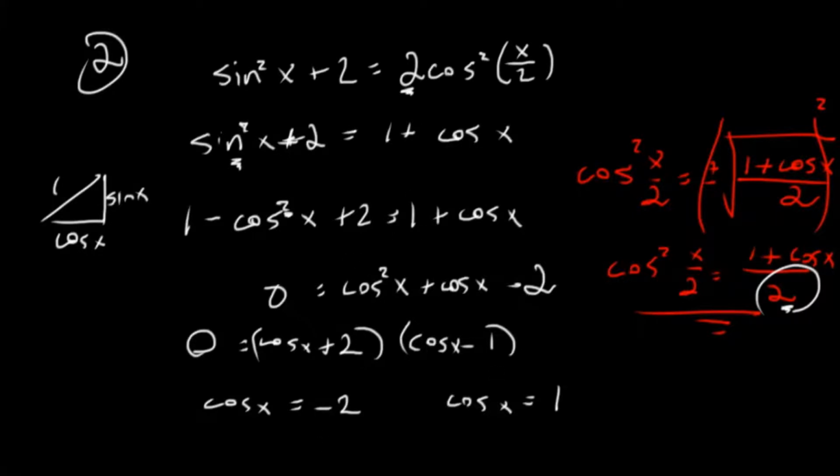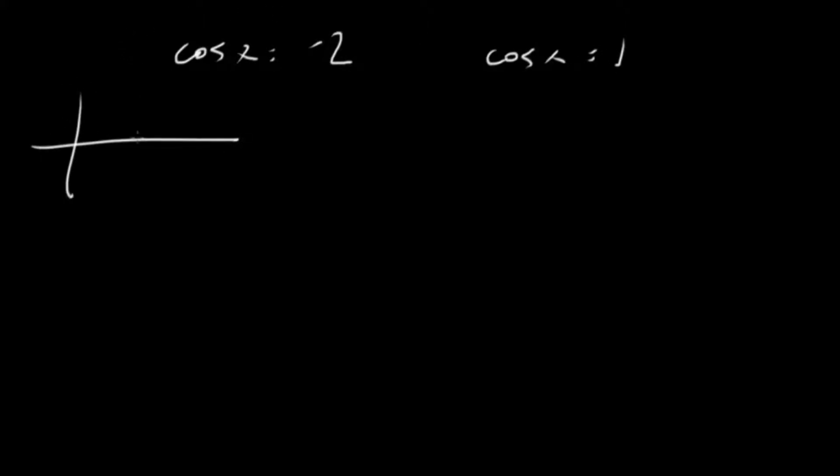I'm going to go ahead and grab a new page just for the room. So we got cosine x is equal to negative 2, and cosine x is equal to 1. Cosine x equals negative 2. Here's a little picture of cosine. Whee! Little roller coaster. This is never negative 2.